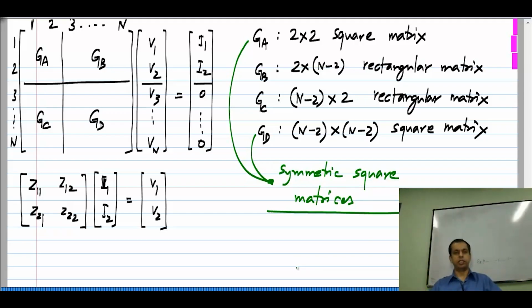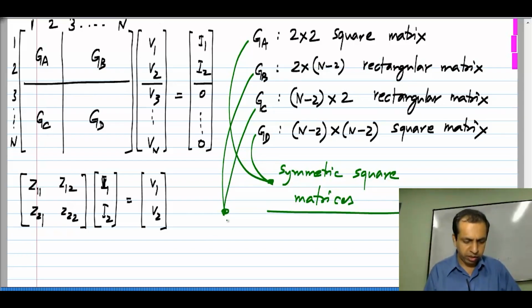Okay. So, GA and GD are also symmetrical, and also because this G matrix is symmetric, this GB and GC are not independent of each other. Okay. So, it is very easy to see that these two are related by GC being equal to GB transpose. Okay. So, the symmetry of this matrix means that GC will be the transpose of GB. Okay.